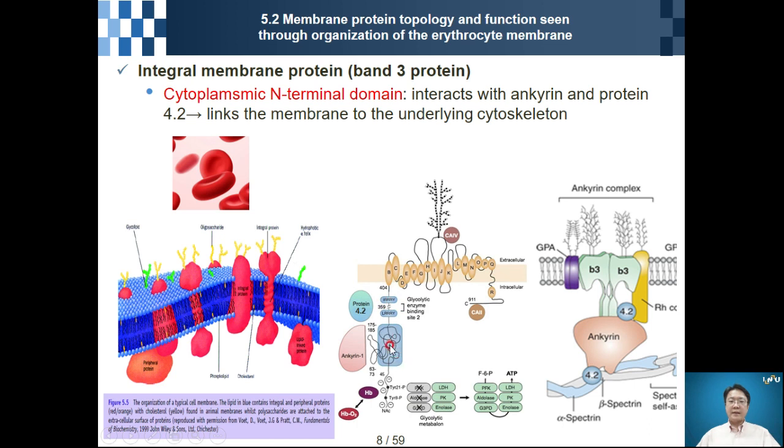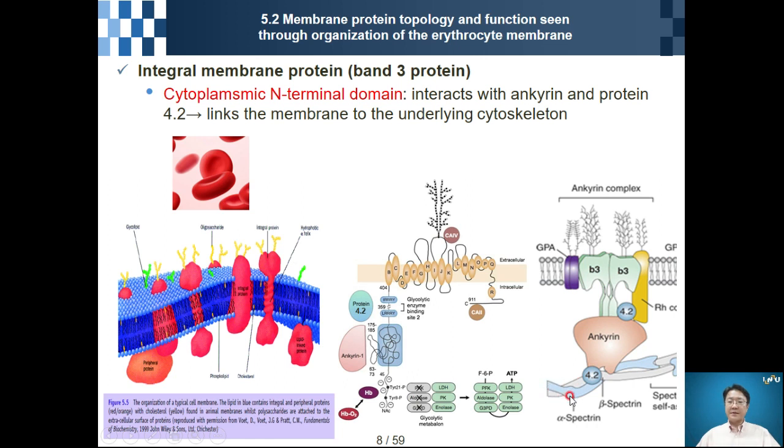This domain interacts with the ankyrin, and this domain interacts with the protein 4.2. So the function of the cytoplasmic N terminal domain is to link the membrane to the underlying cytoskeleton.